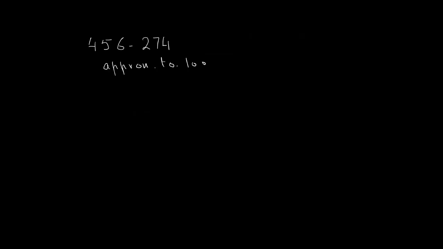When I approximate 456, I get 500, because please remember, if you look at the number line, this is 400, this is 500, and this is 450, and 456 lies to the right of 450, which means it's closer to 500. That's why it's approximated to 500.